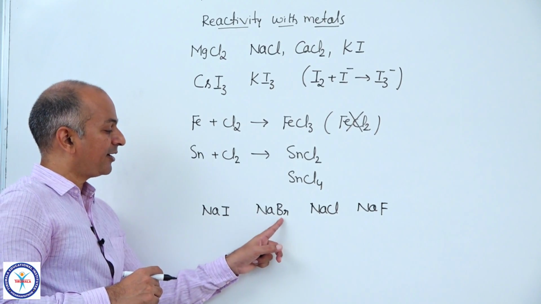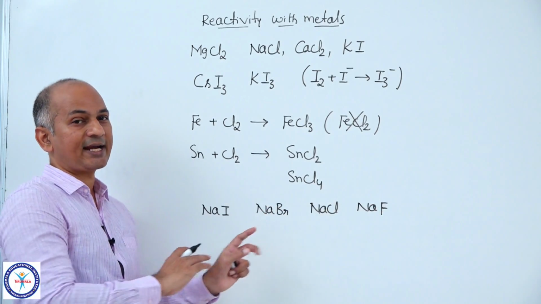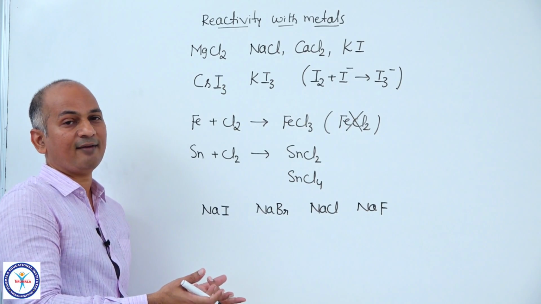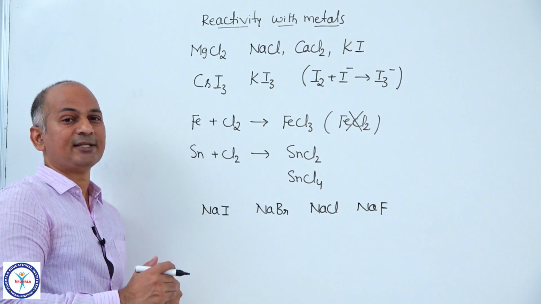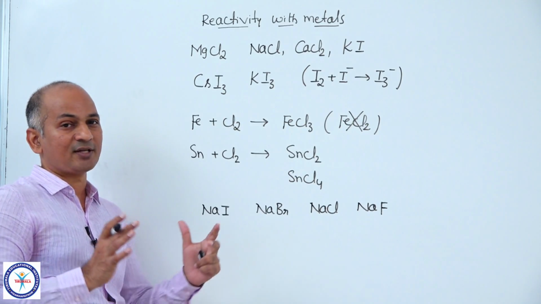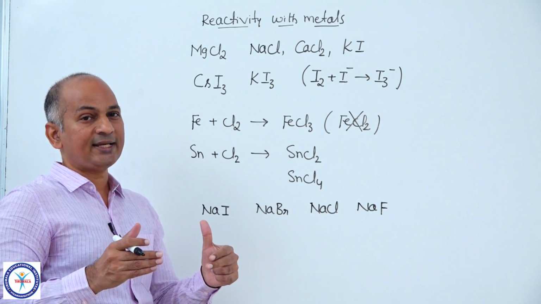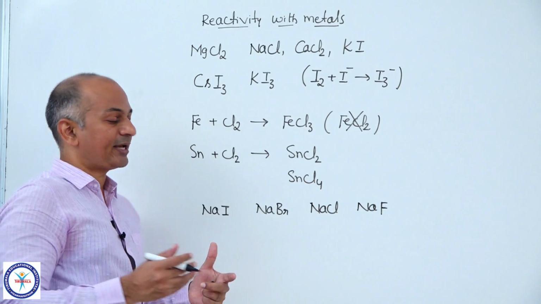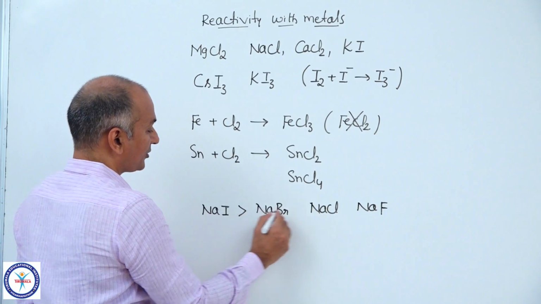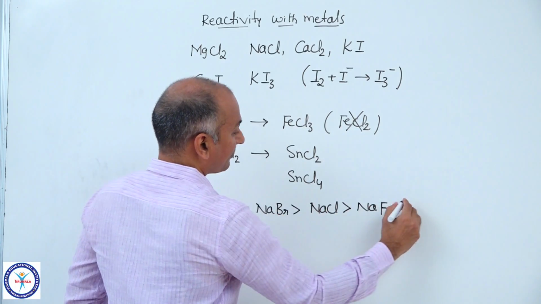I minus, Br minus, Cl minus, F minus. See, cation is same. And you see the anion, which is most polarizable anion, I minus, because of its big size, because of its least electronegativity. So polarizability of I minus is maximum. So that is most covalent. So this is the covalent character.